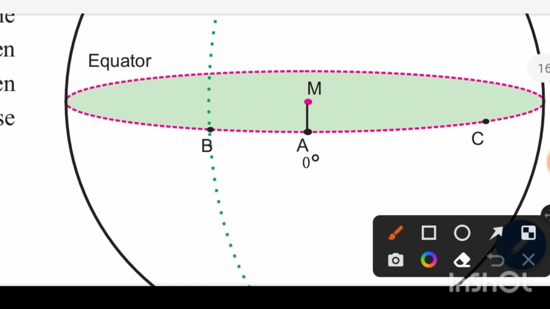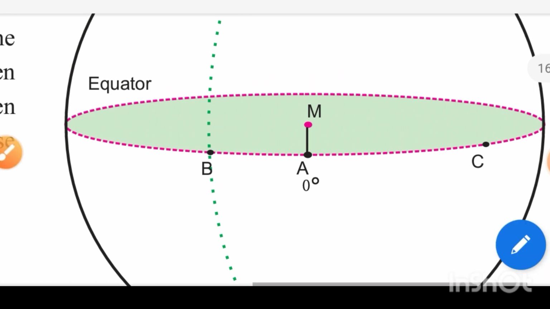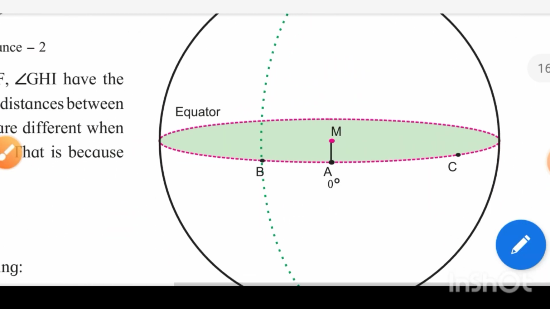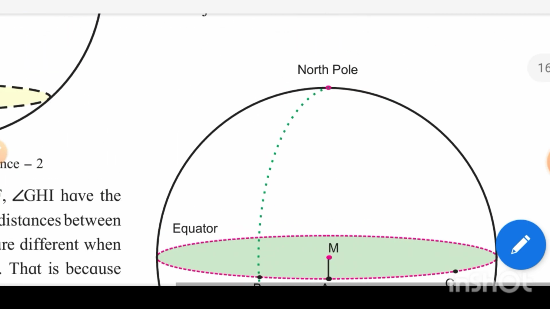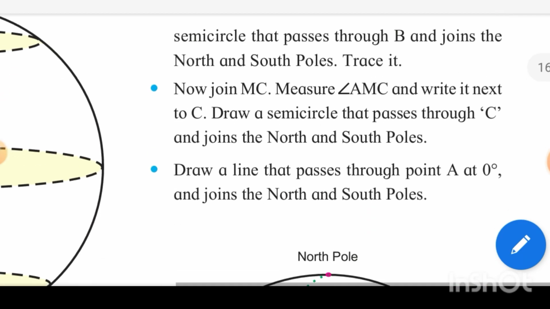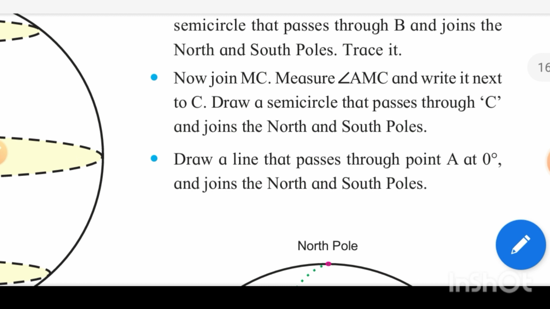The lines are not parallel, the lines are actually semicircles this way, which you can see as green dots. And they are also called meridians of longitude.